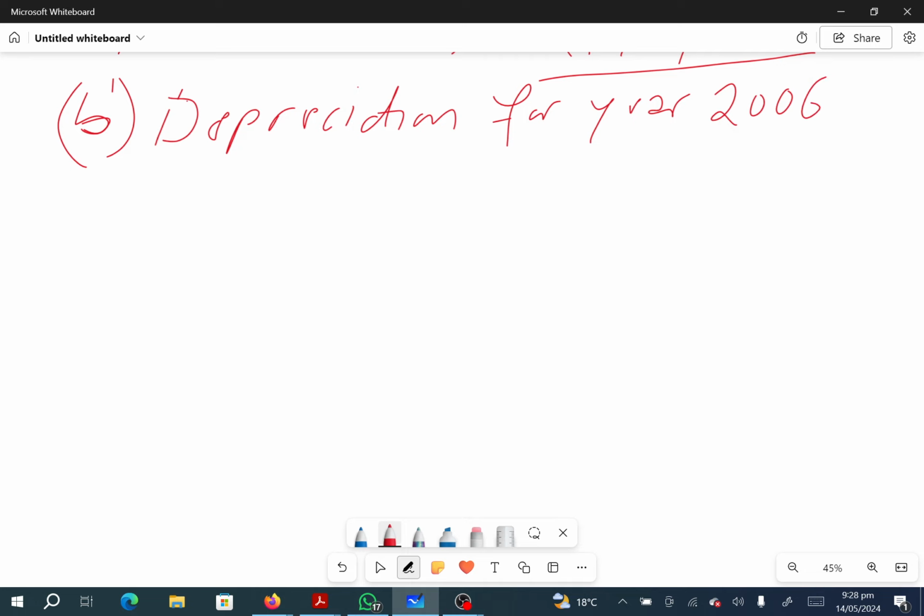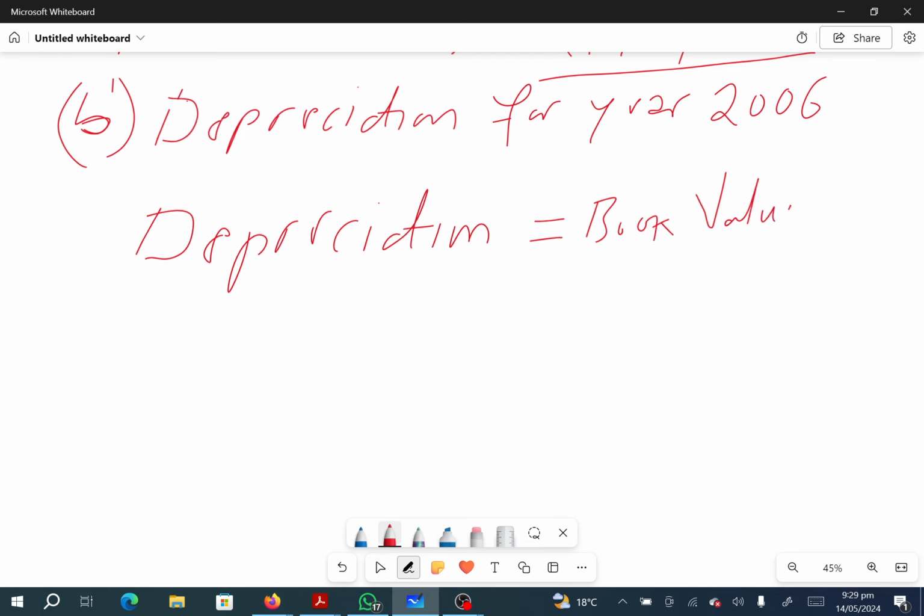So we know that depreciation for year 2006 is equal to book value times the rate.